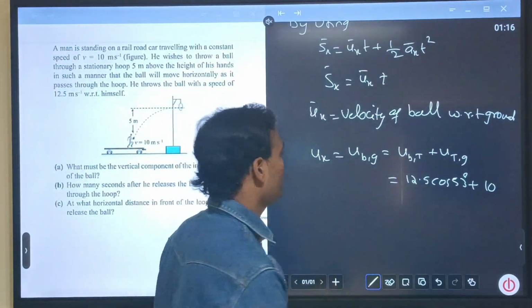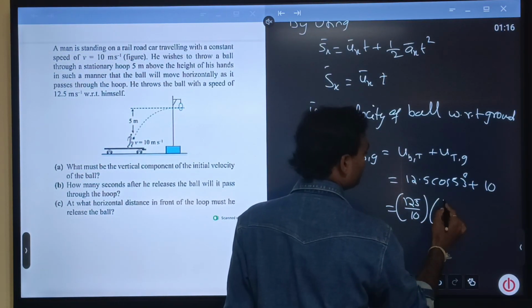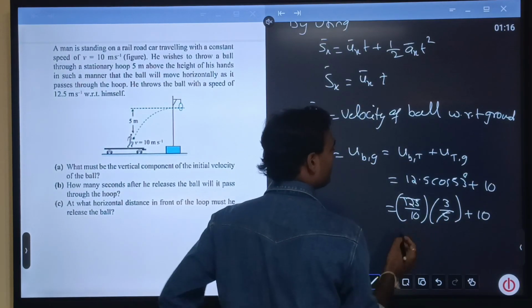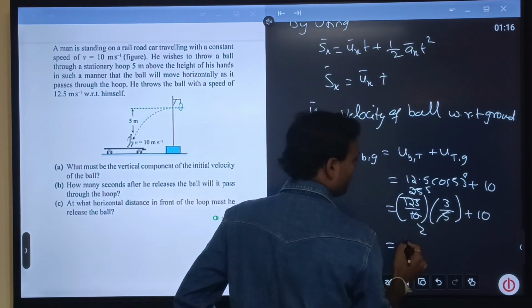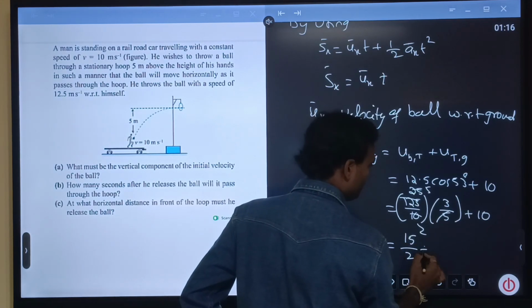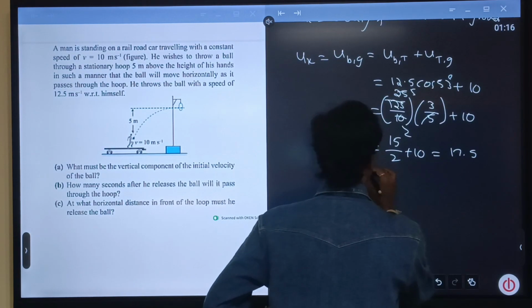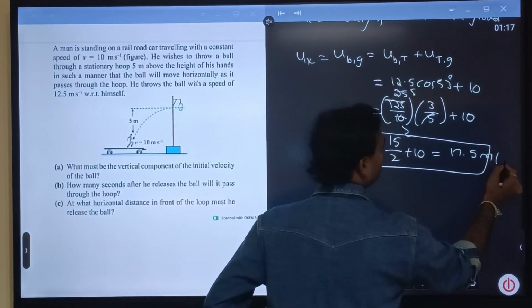Now which is equals to 125 by 10 into 3 by 5 plus 10, which is 15 by 2 plus 10, which is 17.5 meter per second. This is the velocity of x.